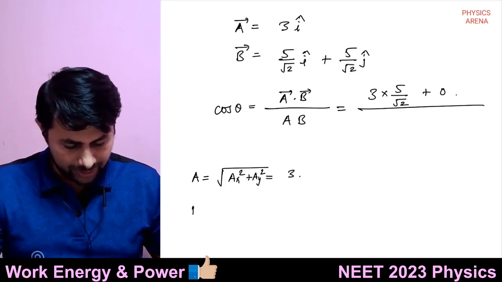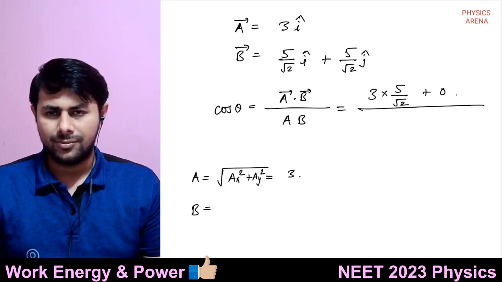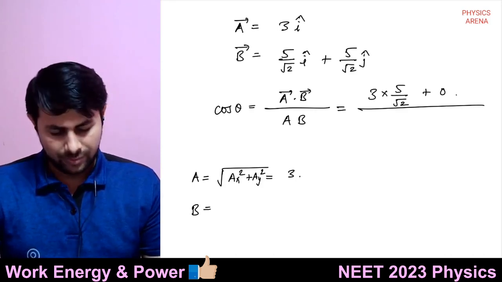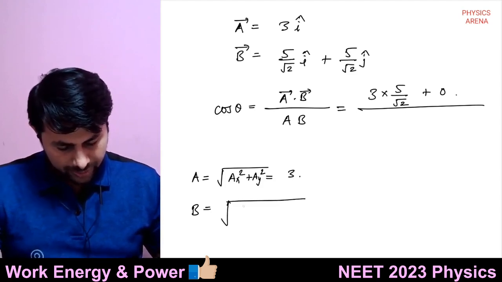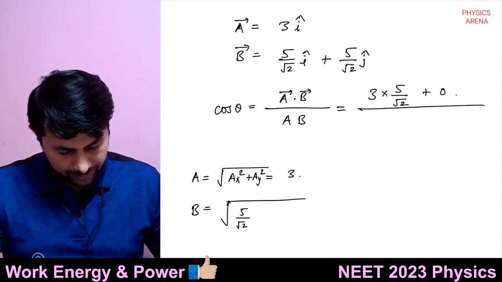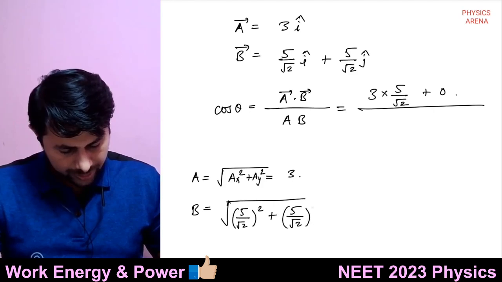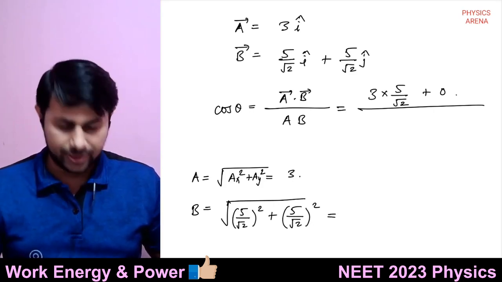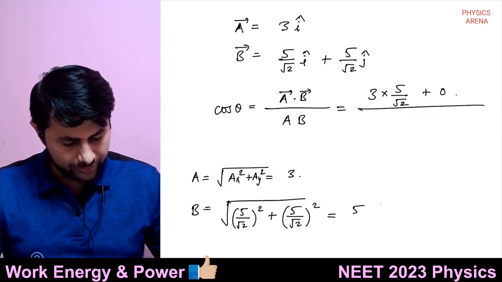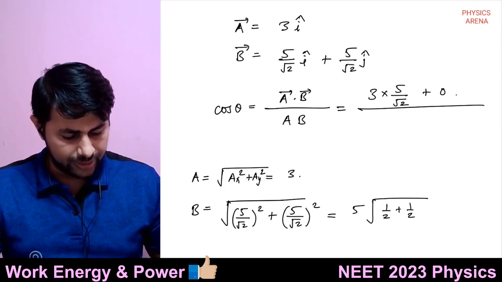And how much is the magnitude of b? It will be 5, right? So it is square root of (5 by root 2) square plus (5 by root 2) square. 5 square you can take out. Root 2 square is 2, so 5 multiplied by 1 by 2 plus 1 by 2. That's 1.